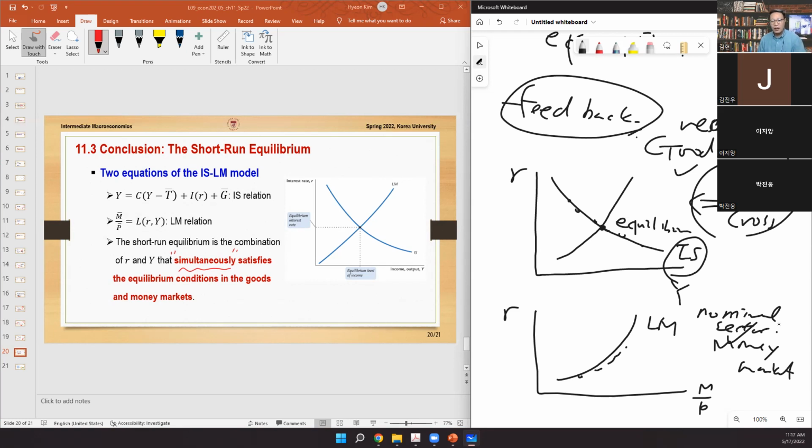But in the long run, from the inflation or some adjustment process, the actual policy effect will disappear. That's why classical economics explains better than Keynesian economics in the long run. Now, that means it looks like there is some harmony between classical economics and Keynesian economics.